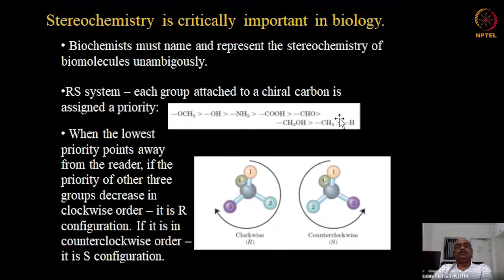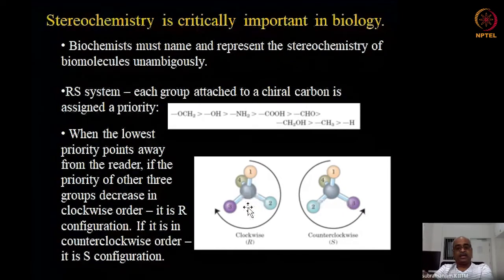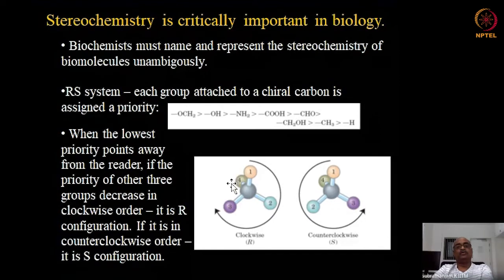For example, hydrogen gets the lowest priority, methyl group next, and so on. So this is the increasing order of priority. Now if you take a molecule, these are the priority numbers: priority 1, priority 2, priority 3, and priority 4.